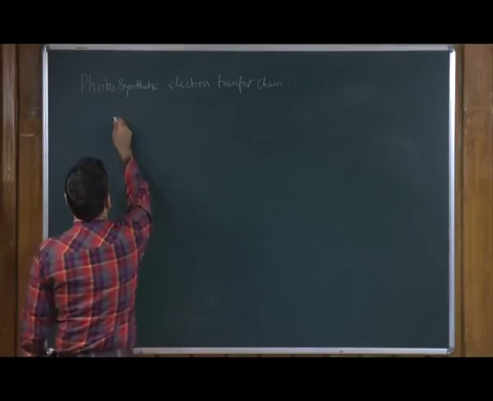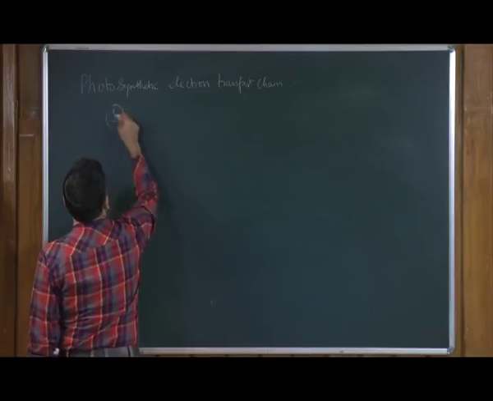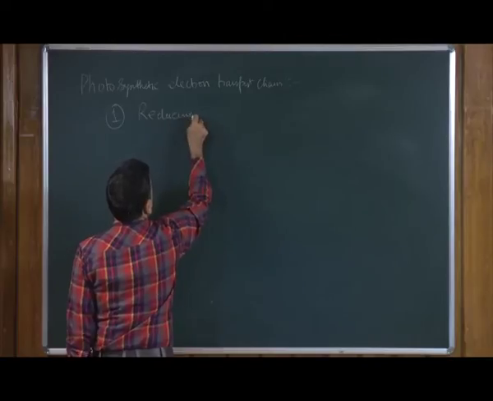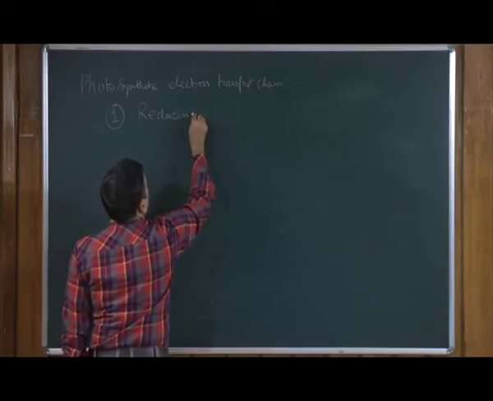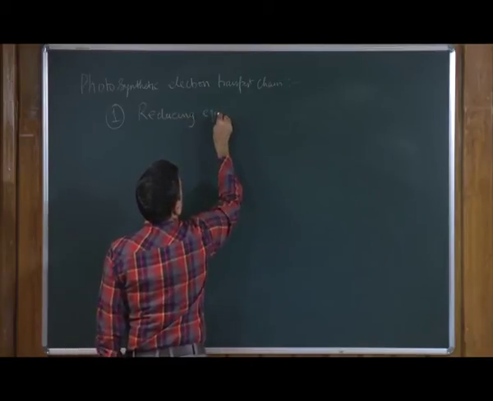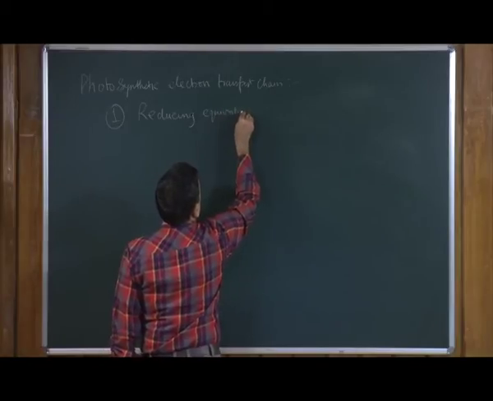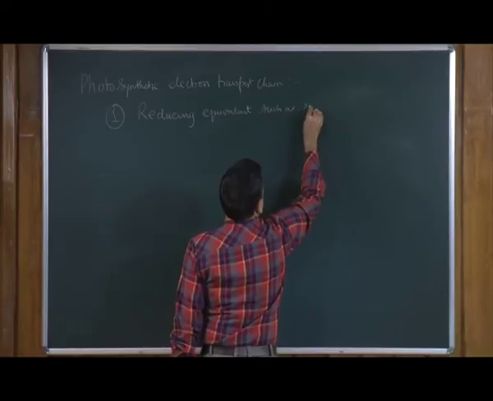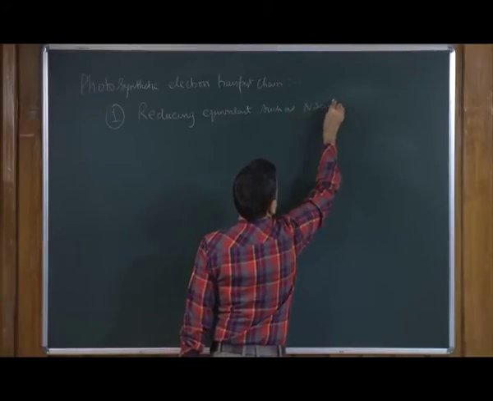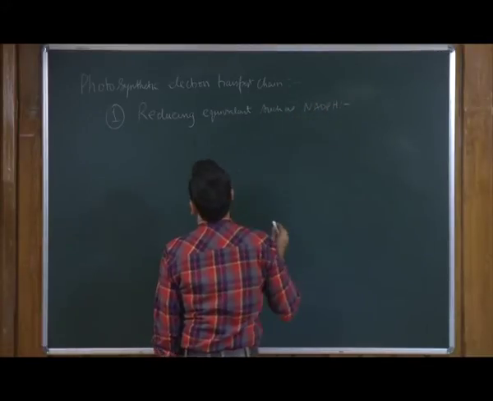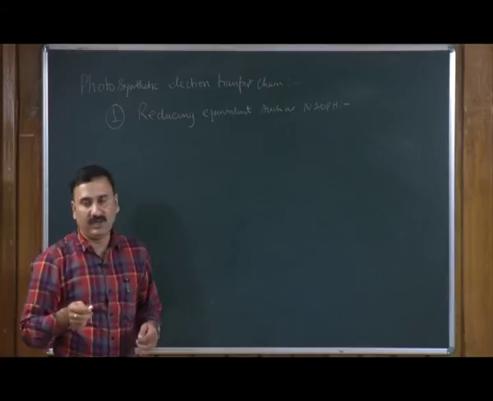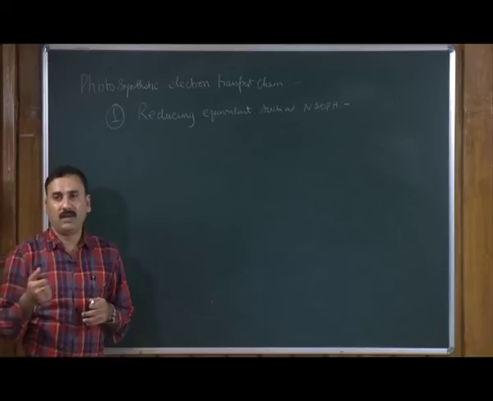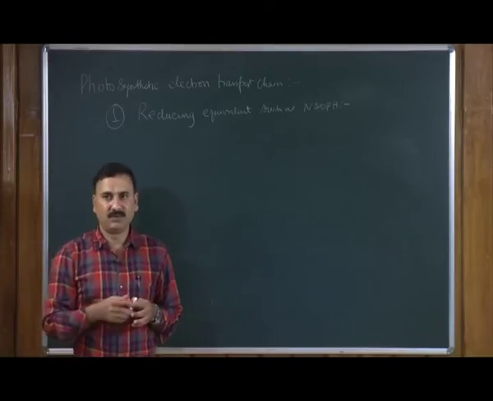One, it is producing the reducing equivalents such as NADPH. NADPH is like a reducing equivalent, and you can see that it is being produced when the electron is passing from the photosystem.